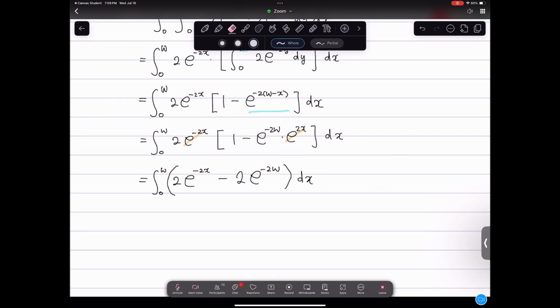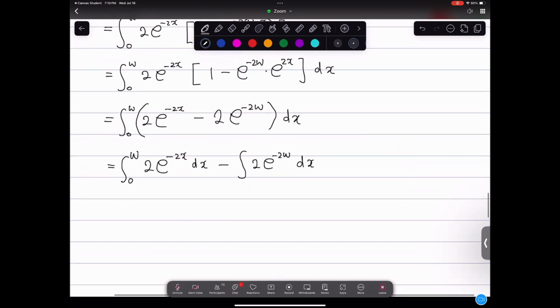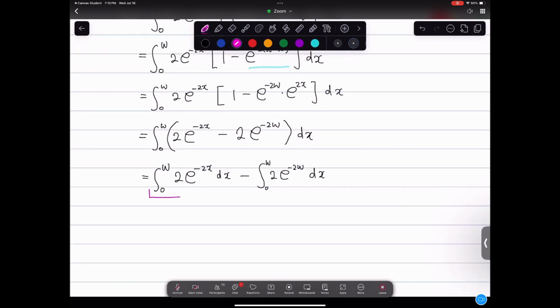All right, so therefore, I'm almost done here. I want to separate them out. So from 0 to w, 2 times e to the power of negative 2x dx, and then 2 times e to the power of negative 2w dx, which is a constant, from 0 to w. So here it goes again. It's just like the probability that your x is less than or equal to w, and I saw that expression already up here.